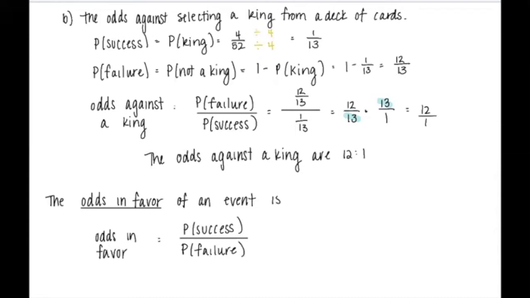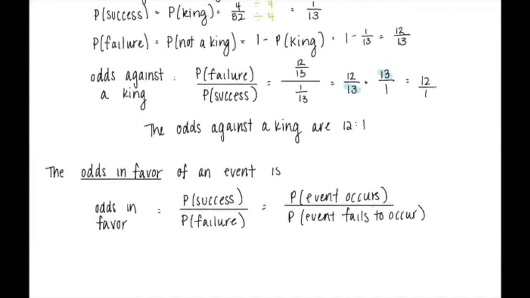So just the flip. So it is the probability an event occurs over the probability the event fails to occur. So really, once you have one, you've got the other. You just switch that fraction.